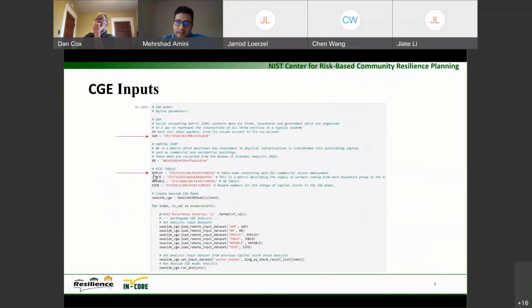Also, for example, the employment table, which contains the data for commercial sector employment. These are the inputs for the CGE modeling, and you assign the sector shocks as a second category of input to run the model and get the indirect result.